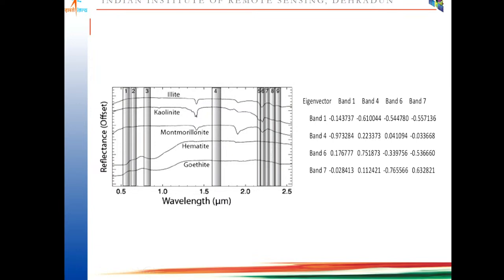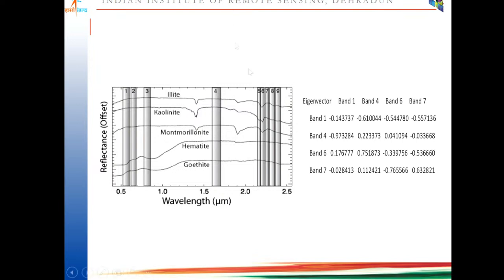Now why are we getting all three by one ratio? Because the bandwidth is very broad. So if I have a little shift in the absorption over here at band number 6, it won't be easily identifiable. So for further advancement in mineral exploration, the need is to have bands which have very narrow spectral bandwidth, so that the subtle variation in a particular mineral, because of the presence of ions or the crystal structure or crystal lattice, gets highlighted.